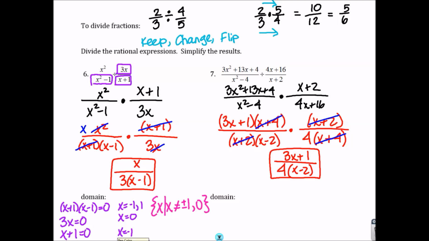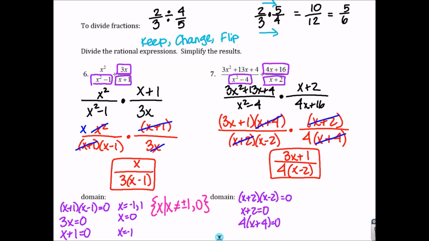Again, when we do our domain restrictions, we need to look at the denominator of the first fraction and both the numerator and denominator of the second fraction. So we can use the factored form. If we say x plus 2, x minus 2 equals 0, x plus 2 equals 0, and 4 times x plus 4 equals 0.